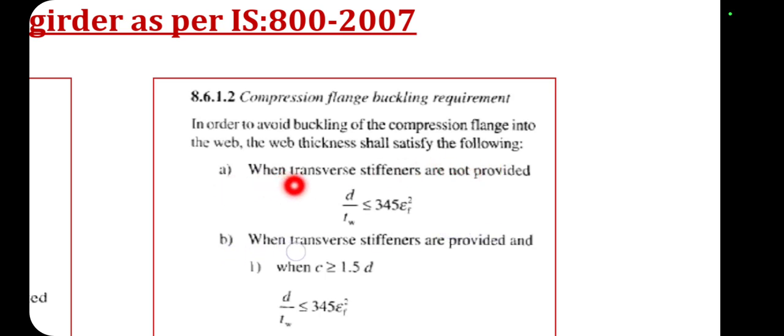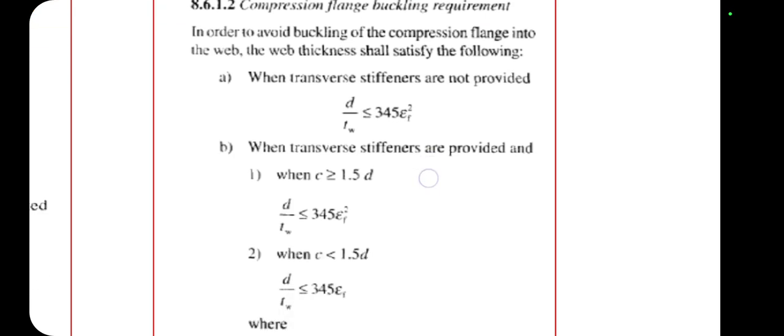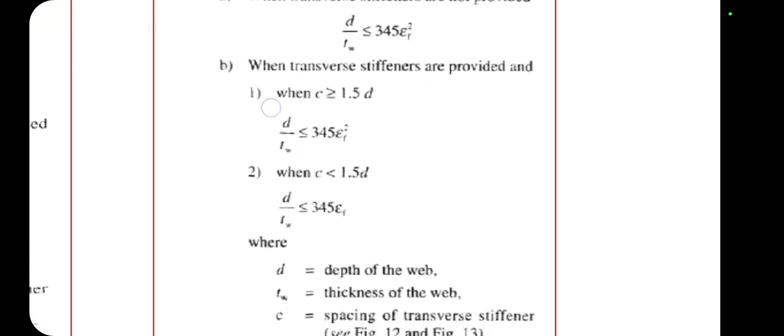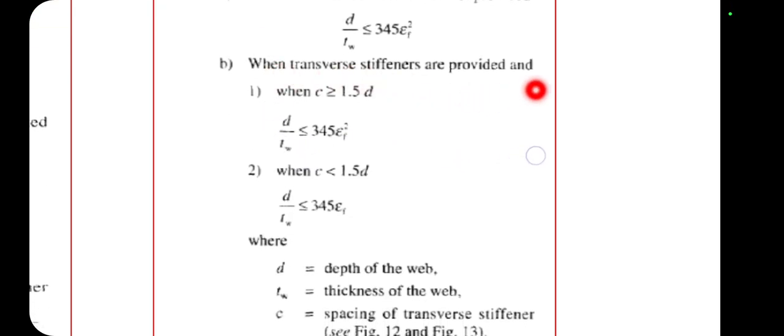Number A, when the transverse stiffeners are not provided, d by tw is less than or equal to 344 epsilon f squared. Second, when the transverse stiffeners are provided and c is greater than 1.5d, d by tw is less than or equal to 344.5 epsilon f squared.